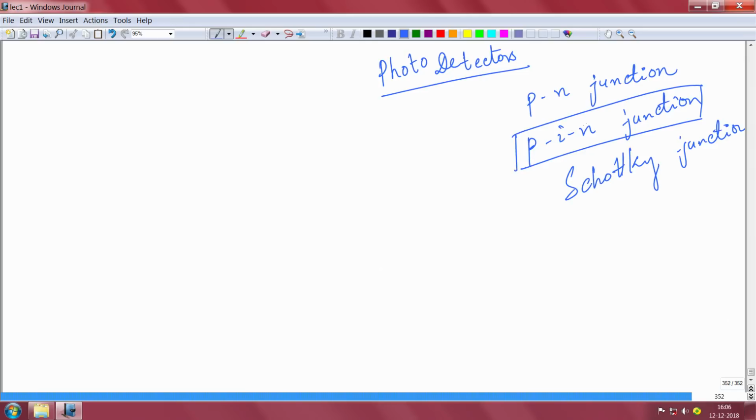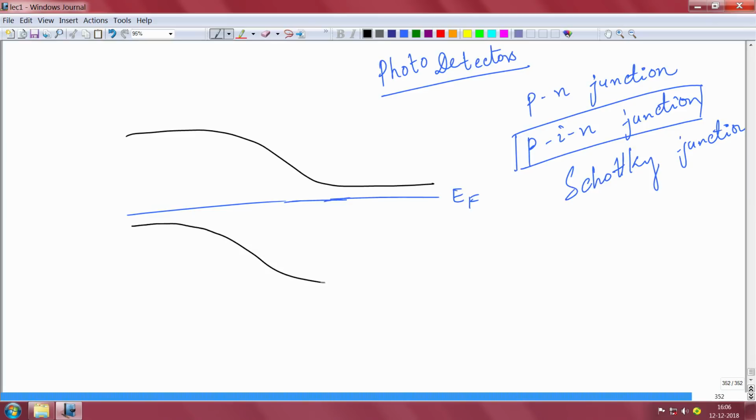We had just discussed the PN junction as a solar cell in the last class or so. If this is the Fermi level, I'm sure you have seen this hundreds of times, so there's nothing much new here. I just want to say that the same thing I told you in the solar cell class applies: you want the light to be predominantly absorbed in the depletion region, because the field is there.